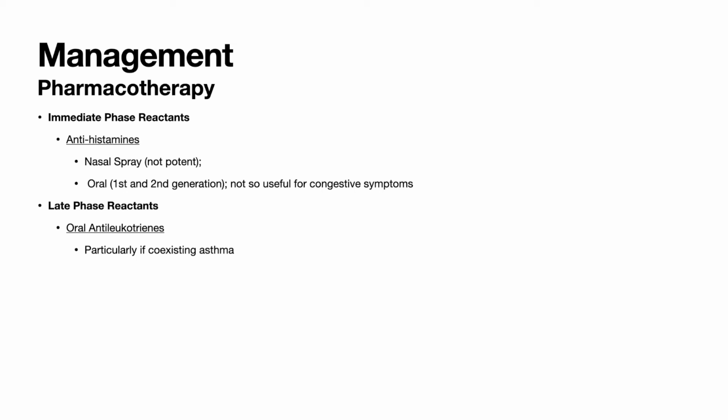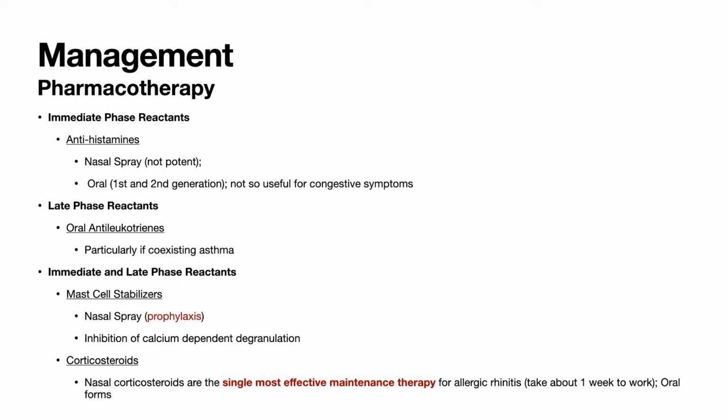Finally, if a drug is able to block both the immediate phase and the late phase effects, it would be particularly useful as a prophylactic or maintenance agent. By inhibiting degranulation of mast cells, nasal mast cell stabilizers in effect block the chain of events that lead to early and late phase symptoms, making them useful for prophylaxis.